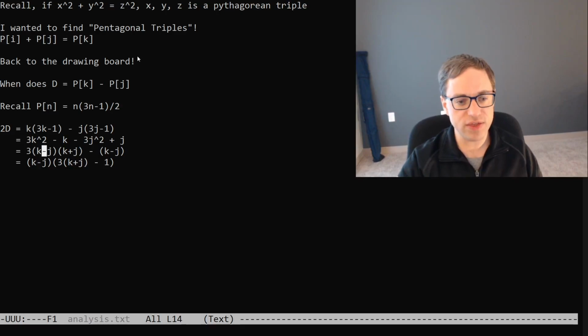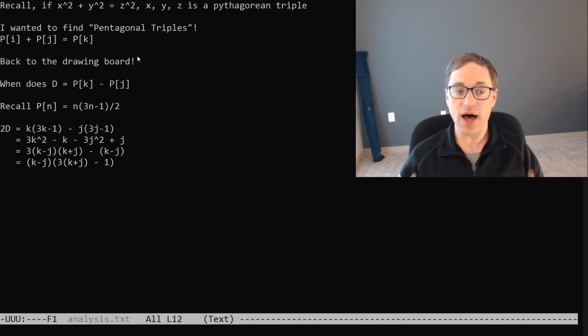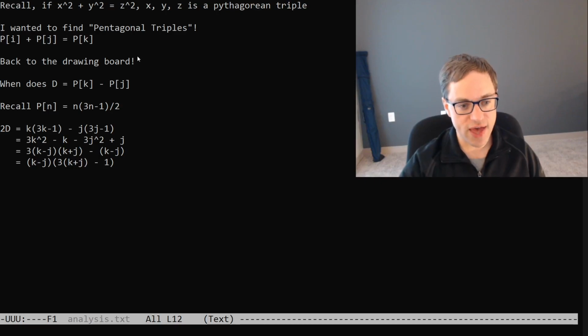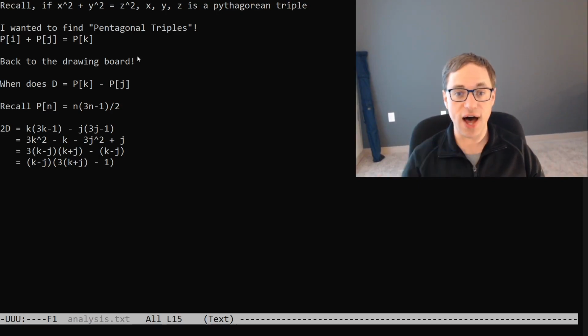Well, finding the factor pairs of d is going to be proportional to the square root of d. But you'll recall that d is proportional to the square of i, assuming that d is the ith pentagonal number. And so that means that identifying the factor pairs of d is going to be proportional to i.